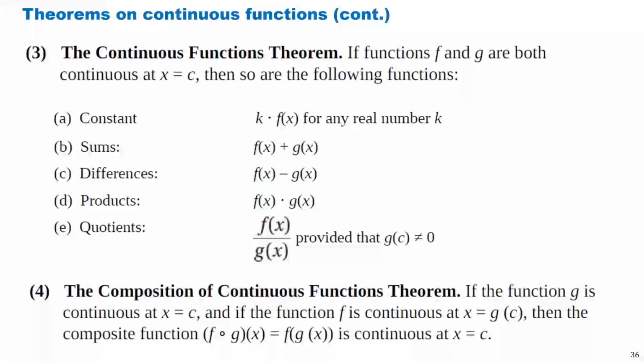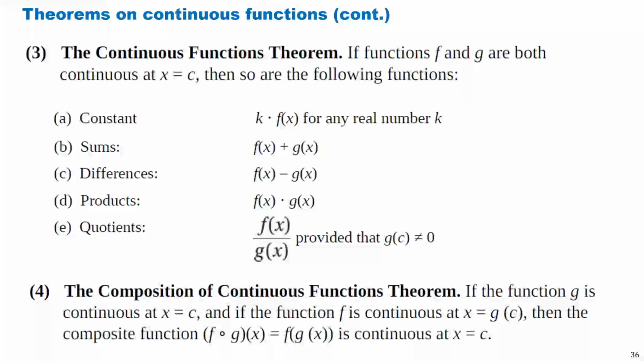A constant theorem: if you use a constant number k times f(x), then k times f(x) is also continuous. B, the sum of these two functions is also continuous. C, the difference between these two functions is also continuous. D and E, the product and quotient of these functions, as long as the denominator is non-zero, are also continuous. Okay?